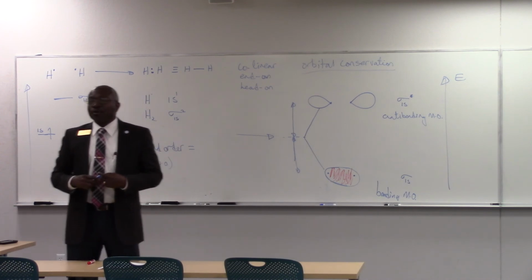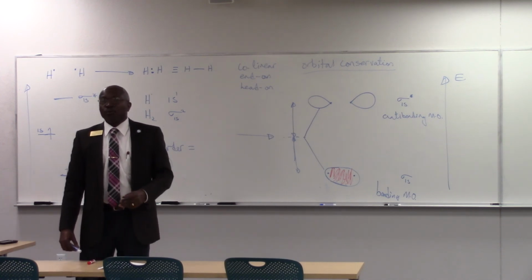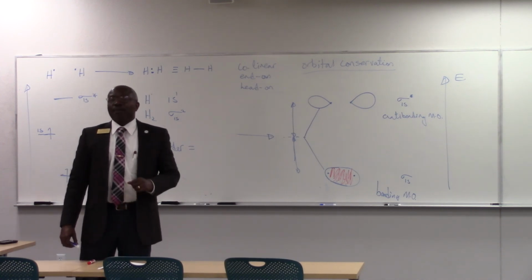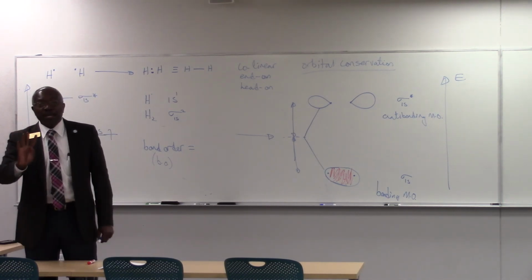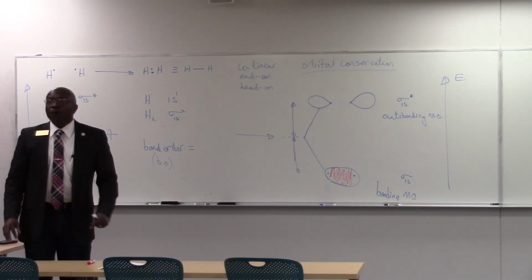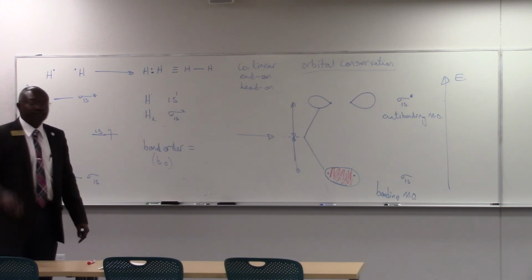So I can have a bond order of 1, which is a single bond, which means 2 electrons being shared, a bond order of 2, which is a double bond, which means 4 electrons are being shared, all the way up to a bond order of 3, which means there are 6 electrons being shared, 2 electrons per bond.